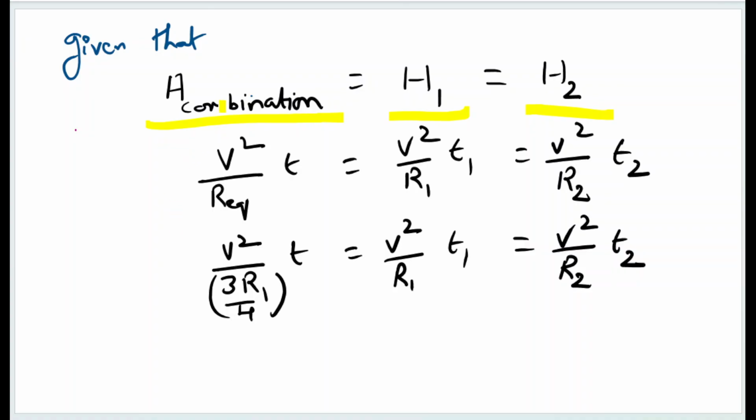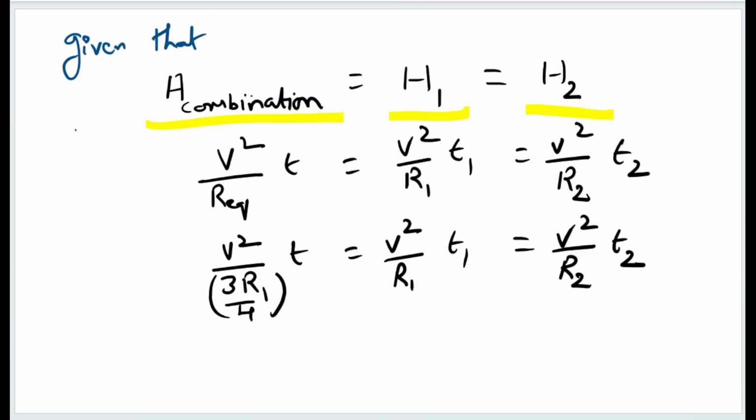So heat produced by the parallel combination of two coils is V square by R equivalent into T, equal to V square by R1 into T1, equal to V square by R2 into T2. V square everywhere gets cancelled.